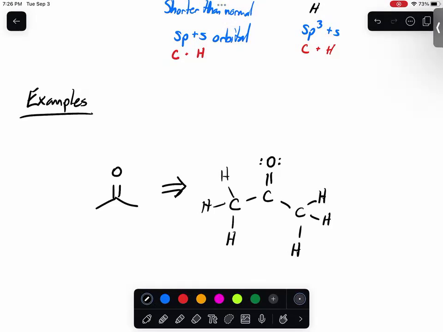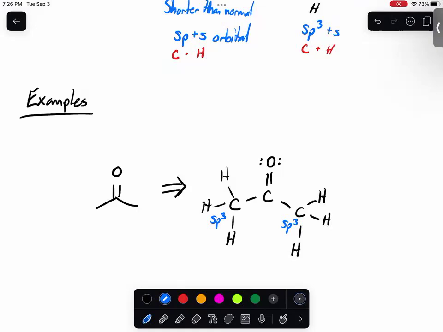So looking at these, we can say that these carbons on the end have all sigma bonds. They have three to hydrogens, and then they have one to a carbon. And that tells us that if it's all sigma bonds, there's no free p orbitals, which means that it is sp3 hybridized. Versus if we take a look at the carbon in the middle, it is a little different.